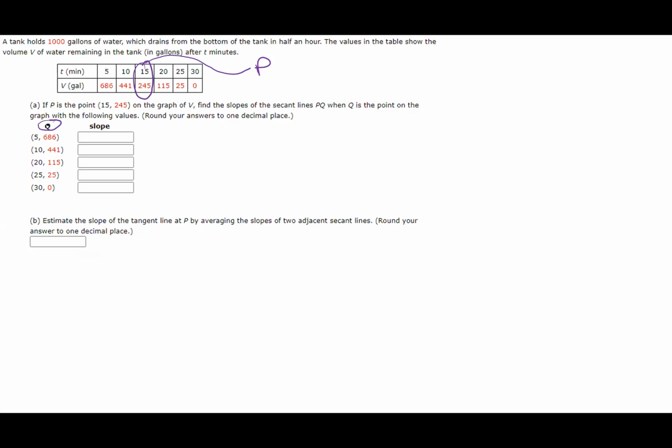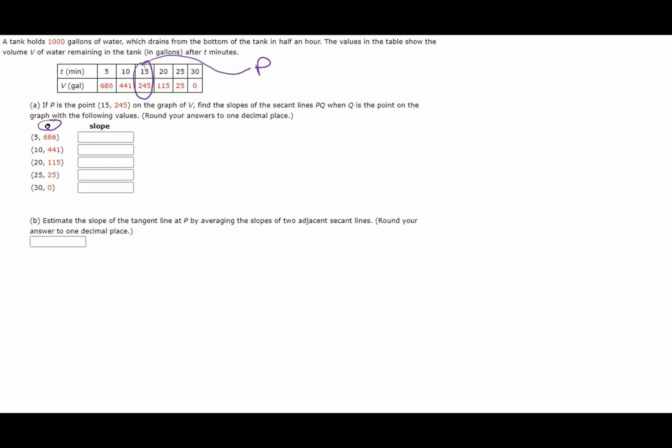All right. So, if we're doing slopes of secant lines, the slope of the secant line is a geometric interpretation. The physical interpretation is it's the volumetric flow rate. So it's gallons per minute. It's an average volumetric flow rate.